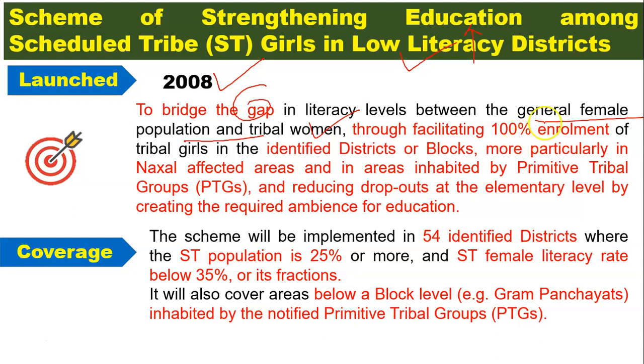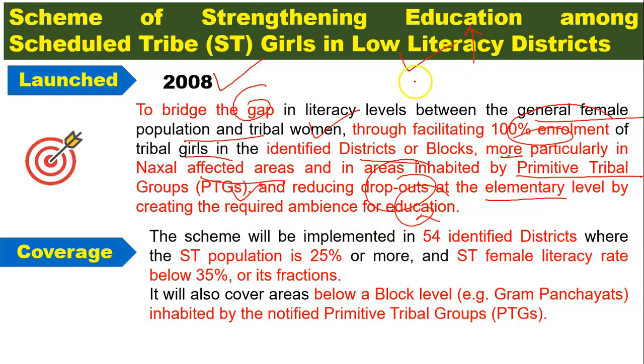This scheme will help through facilitation of 100% enrollment of tribal girls in the identified district blocks, particularly Naxal affected areas and areas inhabited by primitive tribal groups, and it will reduce dropouts at elementary level by creating the required ambience of education.